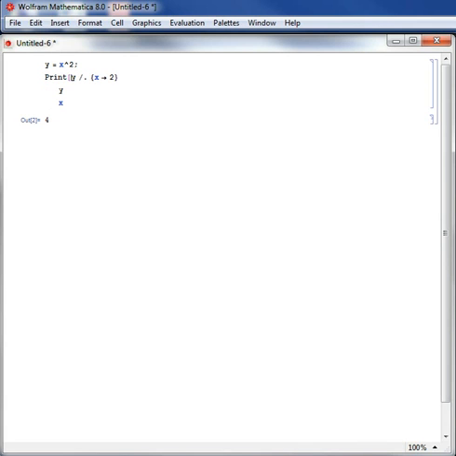So I'm going to print y when x equal to, and then print y, and then print x.